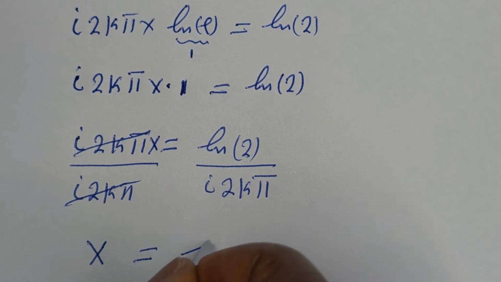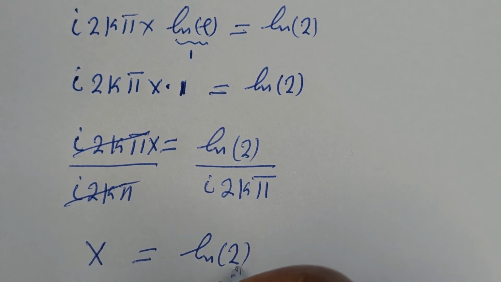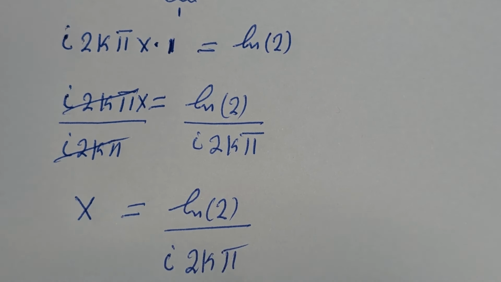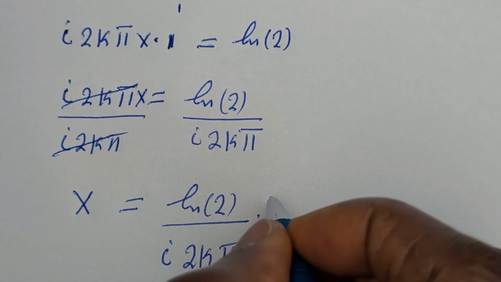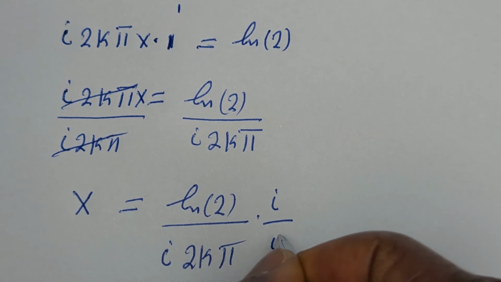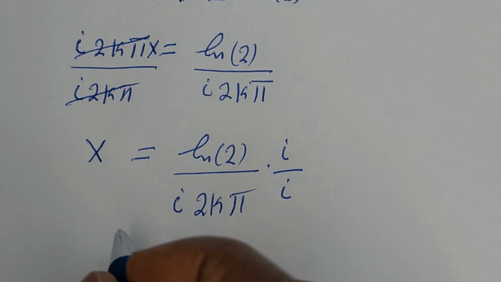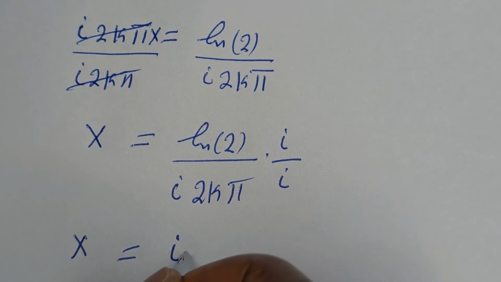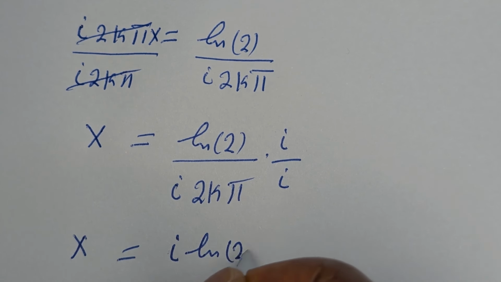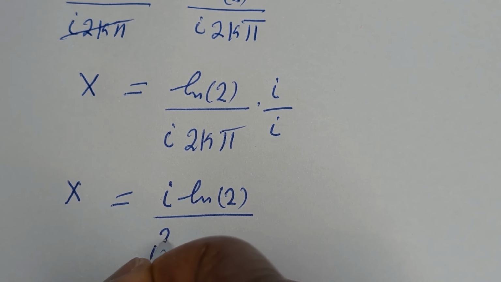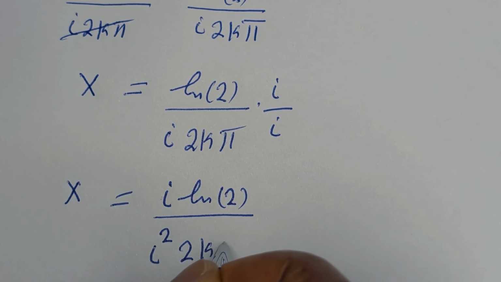s is equal to ln of 2 divided by i 2k pi. Then if you now rationalize this by multiplying both numerator and denominator by i, s will be equal to i ln of 2 divided by i squared 2k pi.